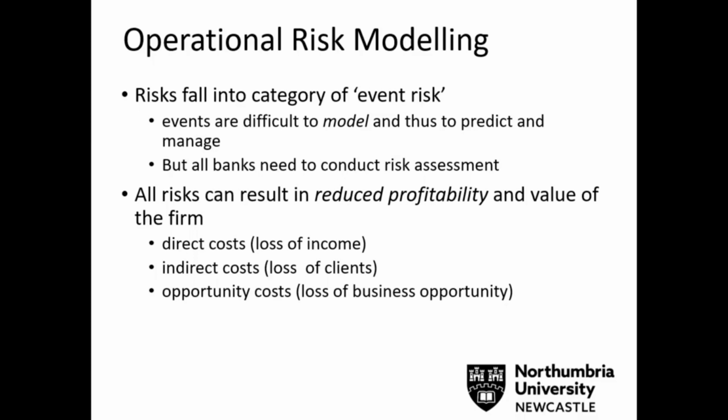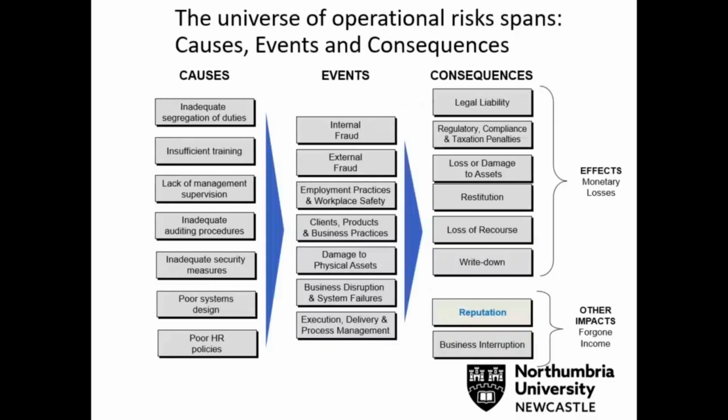If something happens very often but has a low impact, is it worth spending lots of money to prevent this risk from happening? So when we look to model operational risk, we need to take into account frequency and severity.